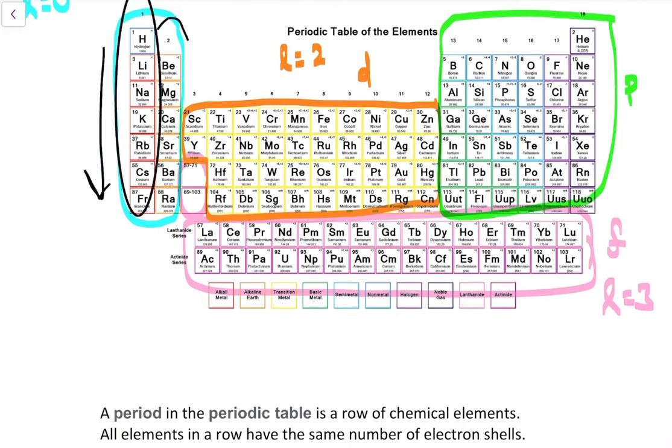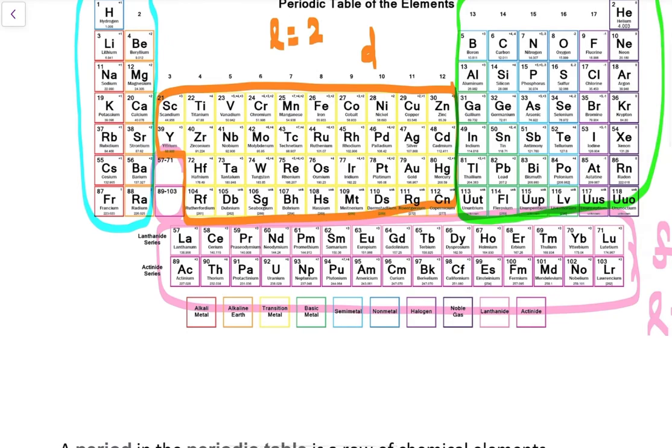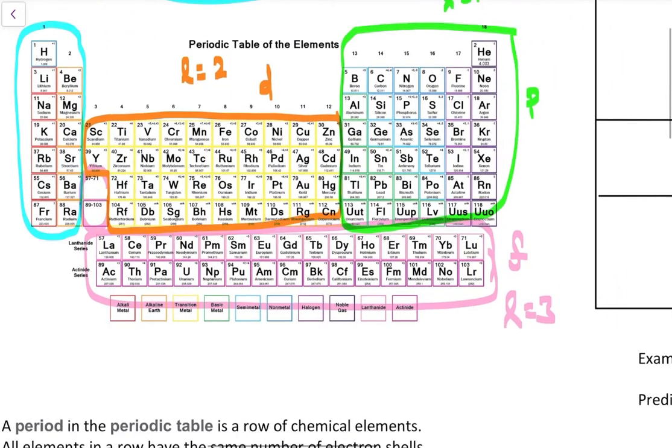This is group 1, group 2, group 3, and the list goes on. Another thing to add is that along the period, the principal quantum number for the elements is the same, because their outermost electrons lie in the same outermost shell.